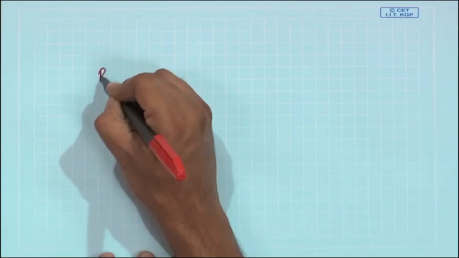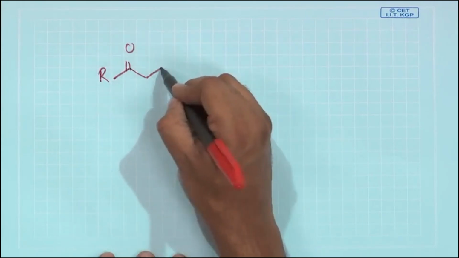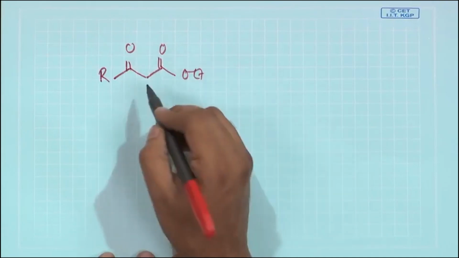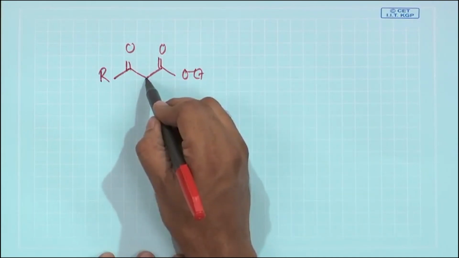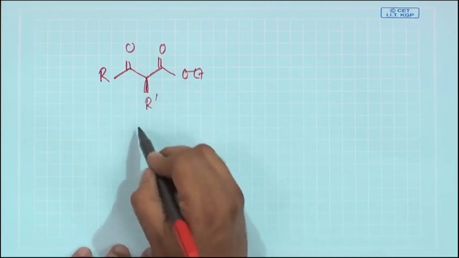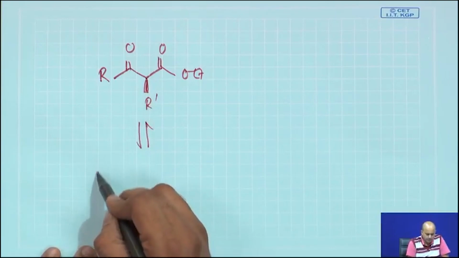Now, I will show you only one example. This particular example is very important. I am giving you a substrate which is basically an alpha substituted beta keto ester.